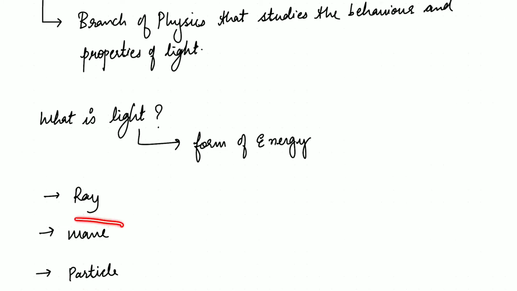You have to consider light to be a wave. Then only can you explain those phenomena in a better way, right? So what is light? It's a form of energy, the simplest form of energy. Because of that, you can actually see the images on your mobile screen or your laptop screen, right? So light is a very important part of our life.